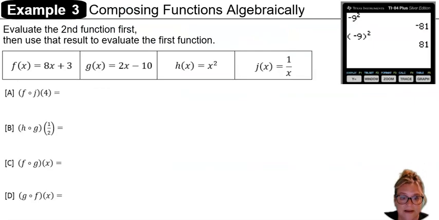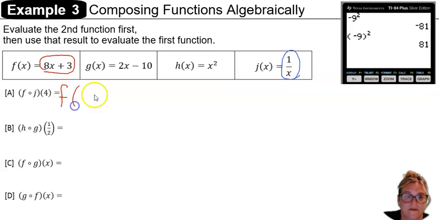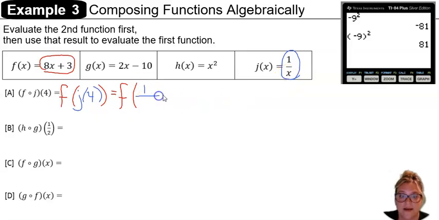So let's look at example 3 together in the notes. I'm going to take my function f, which is 8x plus 3, and I'm going to compose it with the function j, which is 1 over x. So I've got f of j of 4. So that's f of, and now I'm going to take my function j, which is 1 over x, but instead of x, we're putting in a 4.